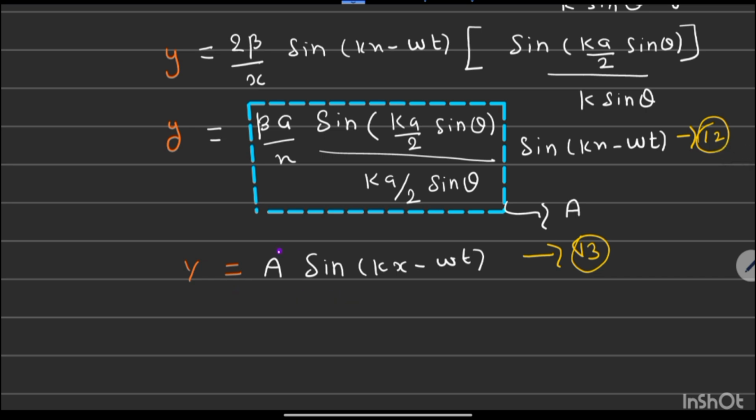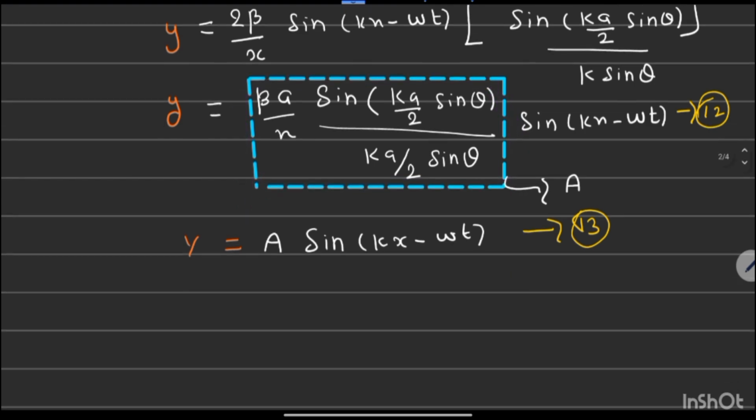Here a is nothing but this term, which is the amplitude of a progressive wave. You can see this amplitude is a function of theta and position x.